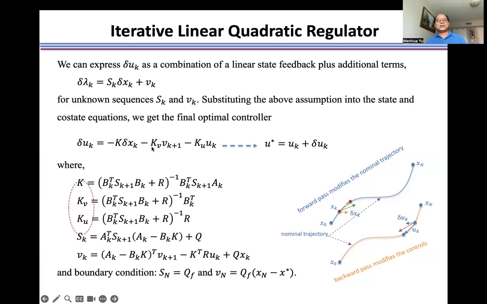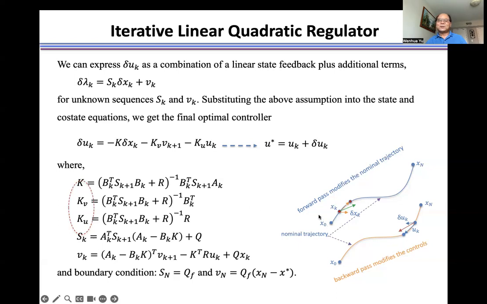These coefficients are calculated from the known matrices. From this equation, we can see the backward pass. Backward pass means we start from the path generated by the last iteration, and we can modify the control to get a new control.